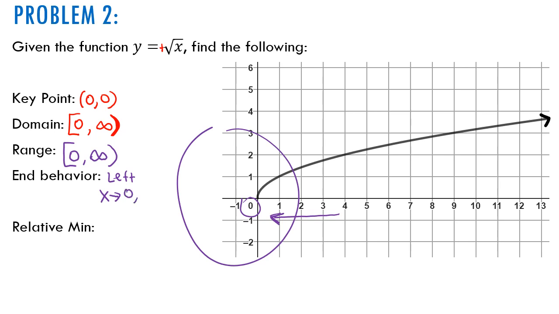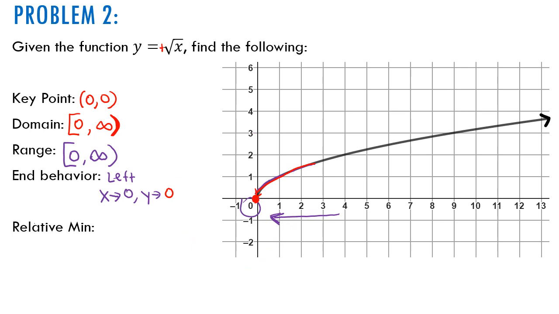It doesn't go into infinity because the graph stops at 0, so I can't go past that. And then the y value, if we follow our graph, is also heading towards 0 because the graph stops right here. So that's the end behavior for the left side.